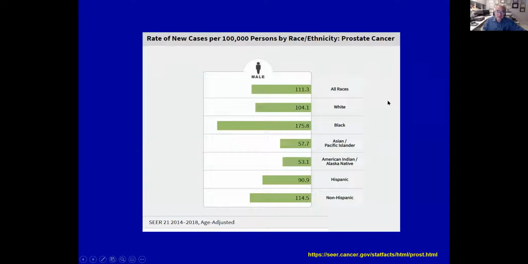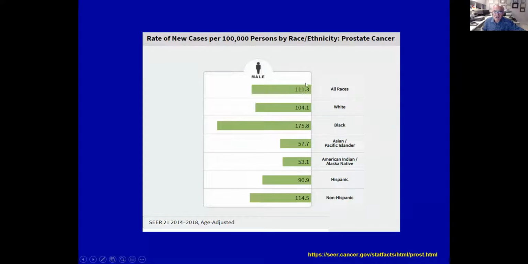It's interesting to mention that there are significant racial differences. If we are just trying to be in the mood of the current times, prostate cancer appears to be very racist, because it's attacking a specific population. For example, if you compare Hispanic with non-Hispanics or with Black individuals, the incidence is significantly higher.